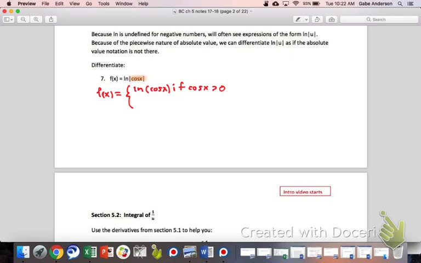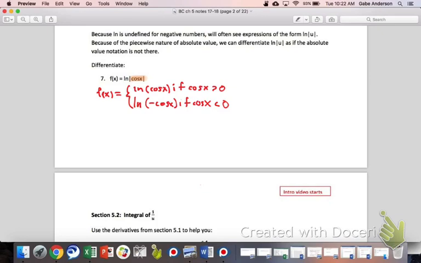Make sense? And f of x equals natural log of negative cosine of x if cosine of x is negative. So this is your basic definition of absolute value. Absolute value should always expand out into some kind of piecewise function, assuming the absolute values had some sort of effect.